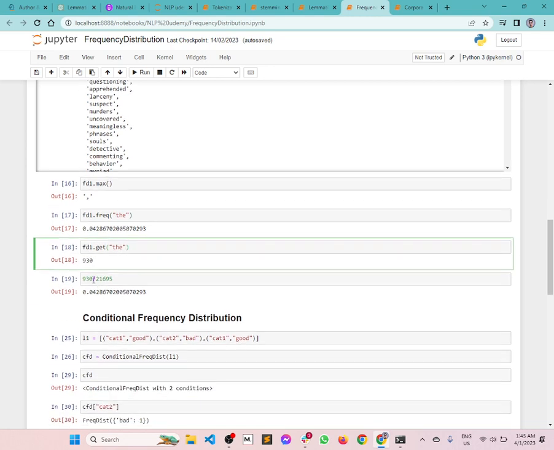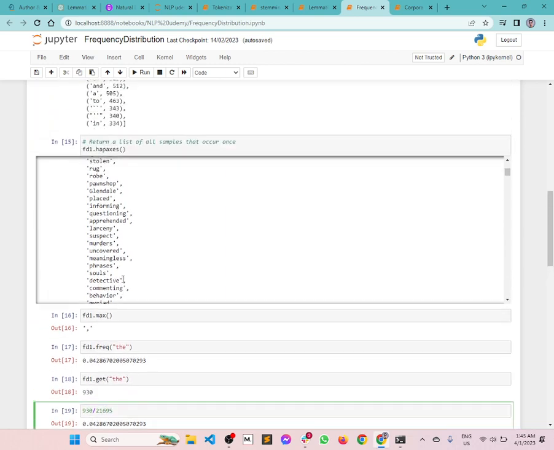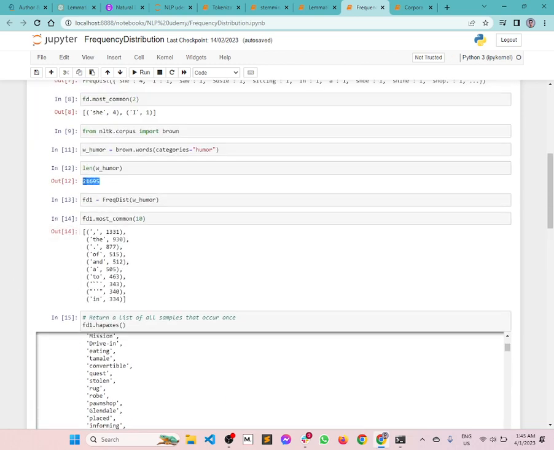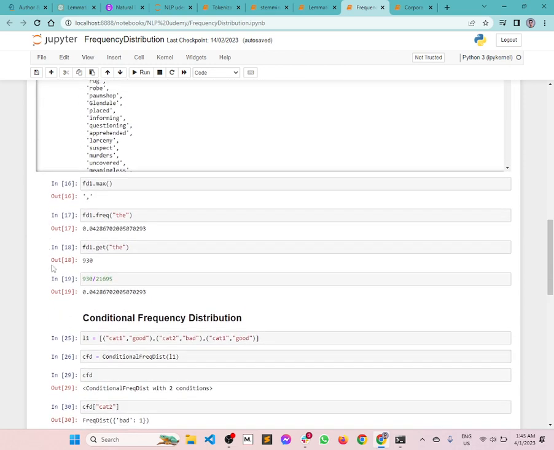If we divide 930 by the whole number of words, which is 21,695, we get the frequency, 0.0428, which is the same as the frequency of the word. That is actually the mathematical logic.